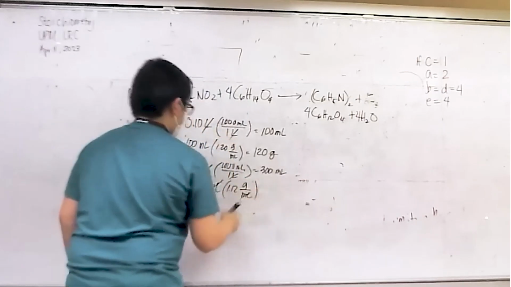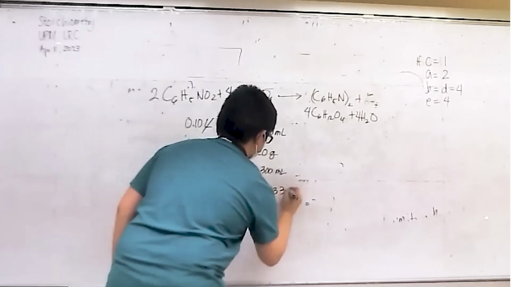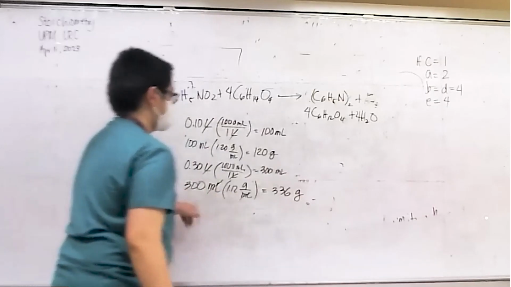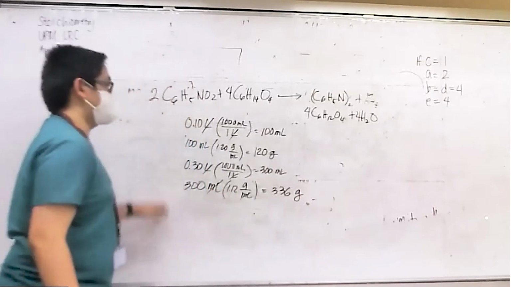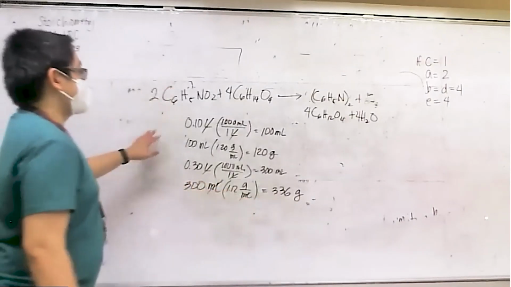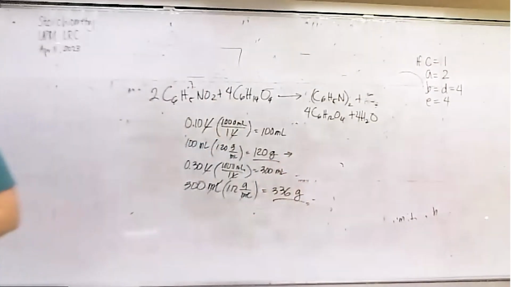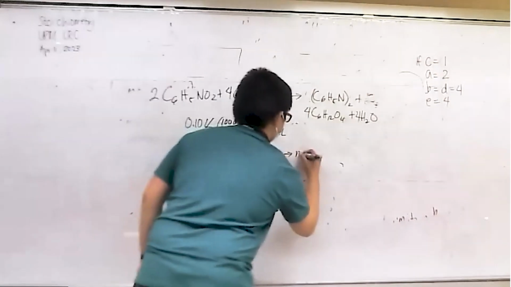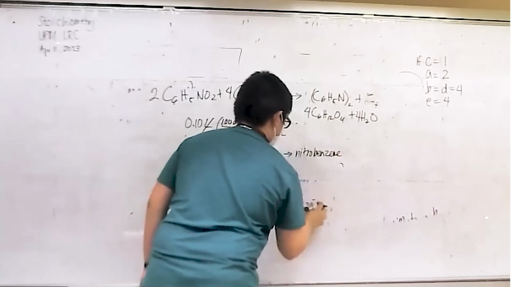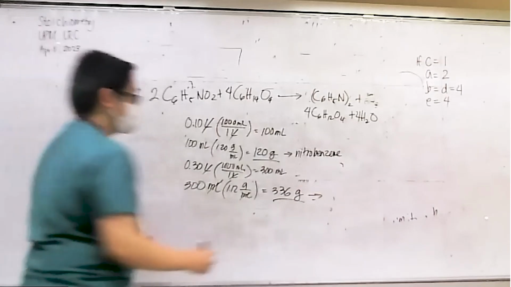So cancel ml, then multiply by 3, that's about 336 grams. So binove ko lang rin and then minultiply ko siya by 3. So ganun yung parang short component. Pero if you use a calculator, same rin naman po. So now we have ito. This one is for nitrobenzene. And then this one is for triethylene glycol.